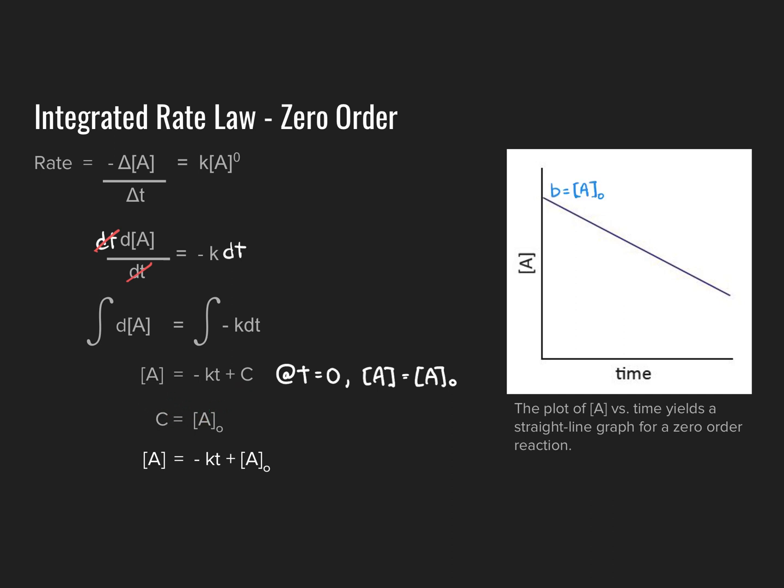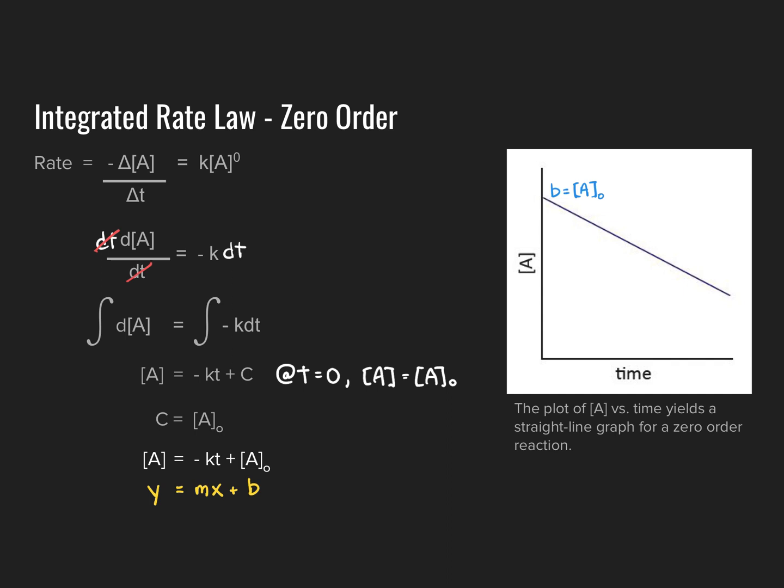So this now yields the integrated rate law for our zero order reaction, which you'll see here is: the concentration of A is equal to minus kt plus the initial concentration of species A. And just like we saw on those previous two slides, this equation is again in the format of a slope-intercept graph, that is y equals mx plus b for a straight line.